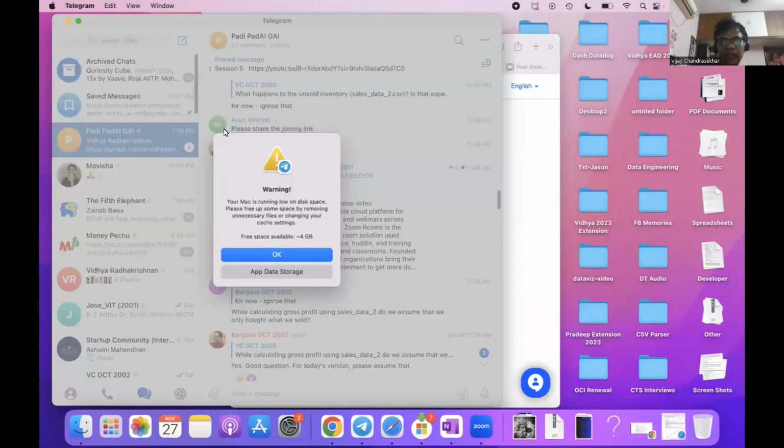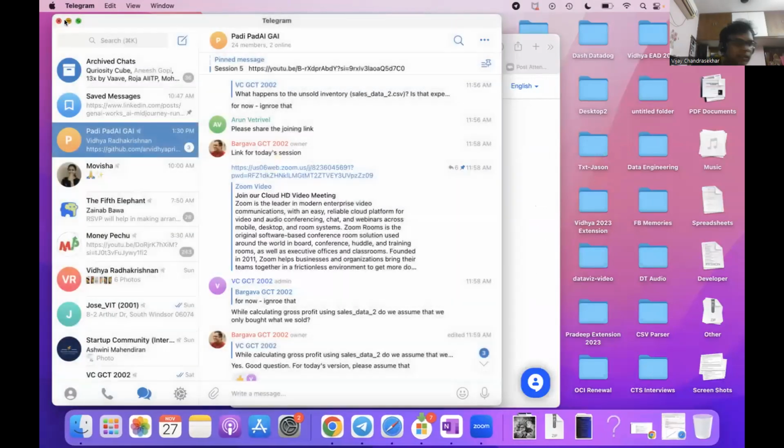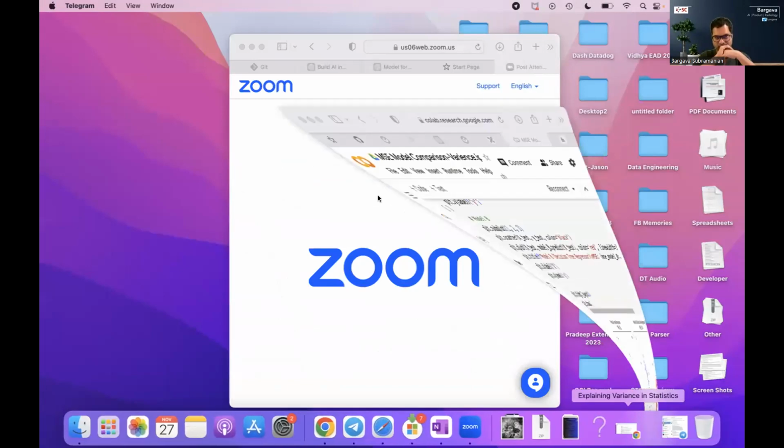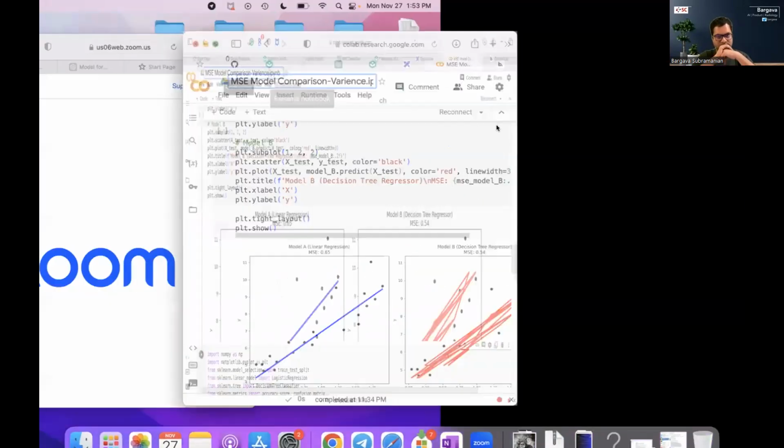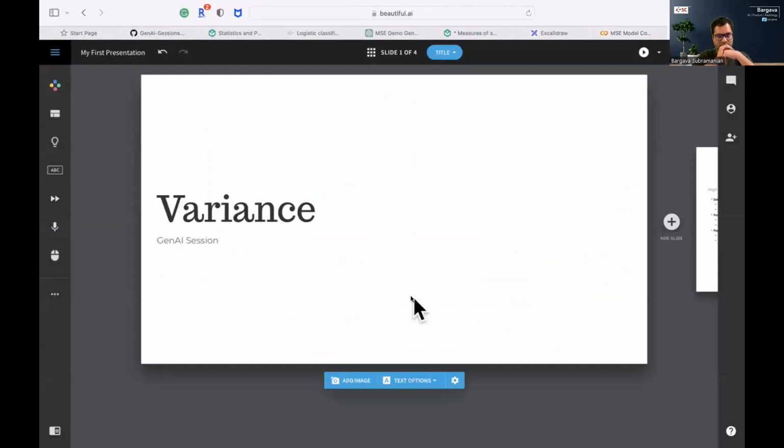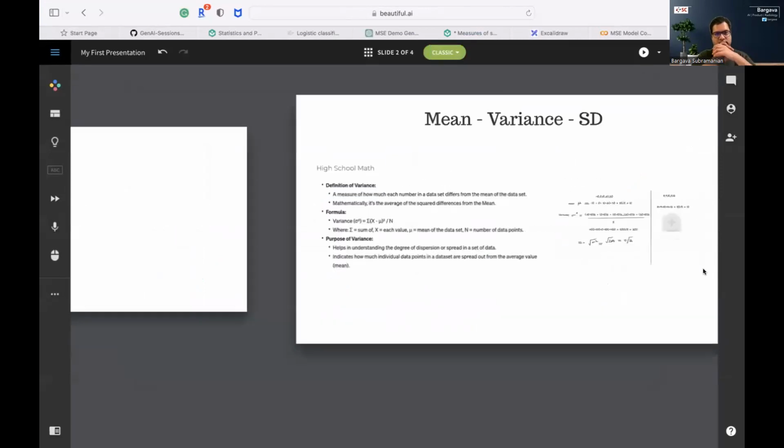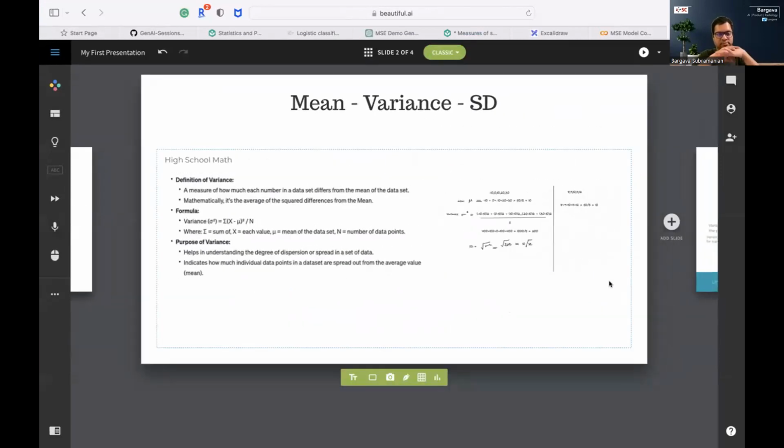I just started off with the high school math, what a variance is, and then I will slowly transition.